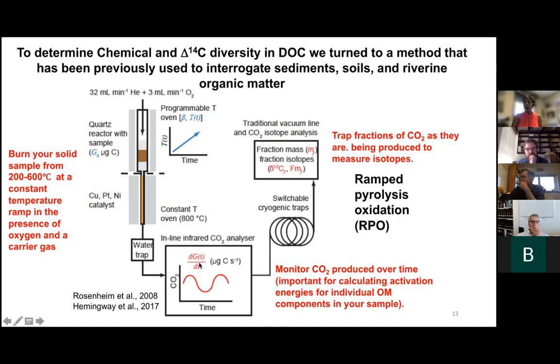But this particular part of the system, where you can measure the CO2 evolved over time, you can take that data and convert it using an Arrhenius form to an activation energy distribution. The idea is that you get this thermogram, the CO2 evolved over different temperature bins, and utilize that to get a sense of the activation energy distribution in your sample.